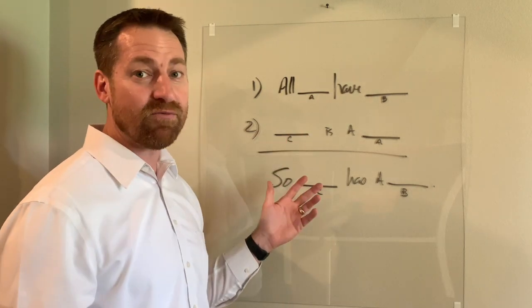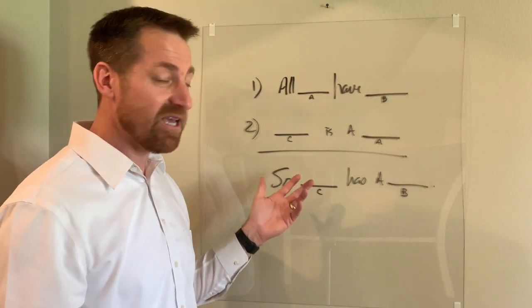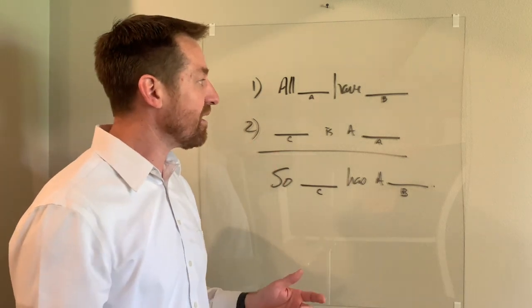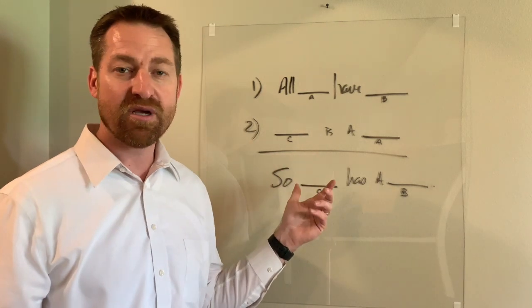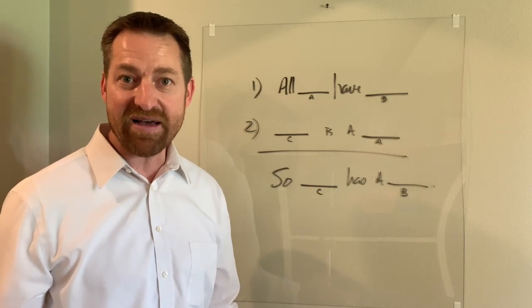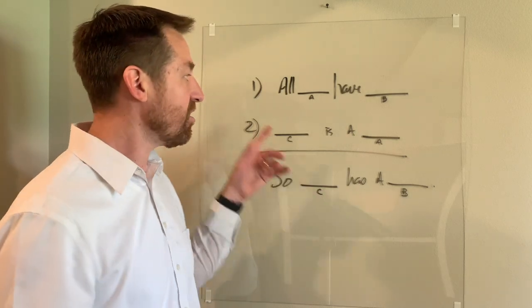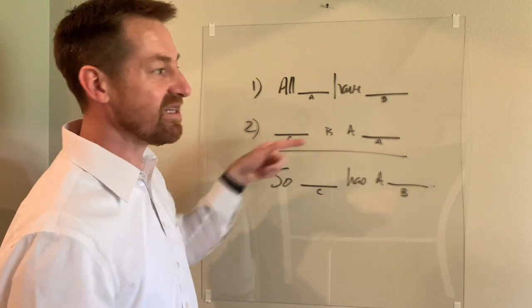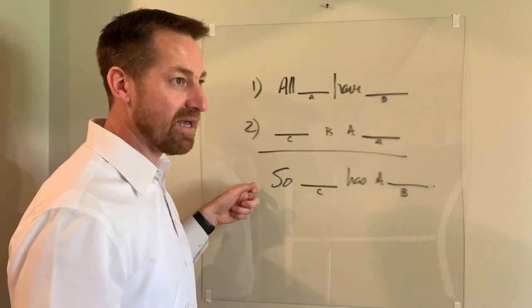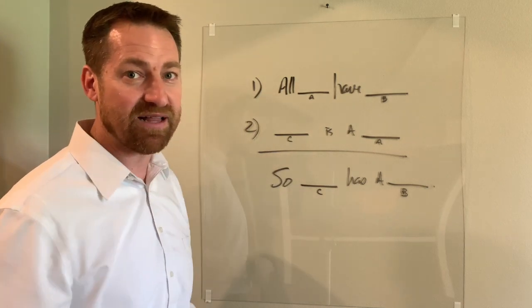Anything that you plug in will result in a valid argument. If the premises are true, the conclusion will have to be true. Now, as you plug stuff in, you may put something in that's clearly a false premise and end up with a false conclusion. But that's possible in a valid argument. An argument is valid as long as there's a relationship, even if these are silly statements. If they're true, and they would guarantee that this is true, you've got a valid argument.